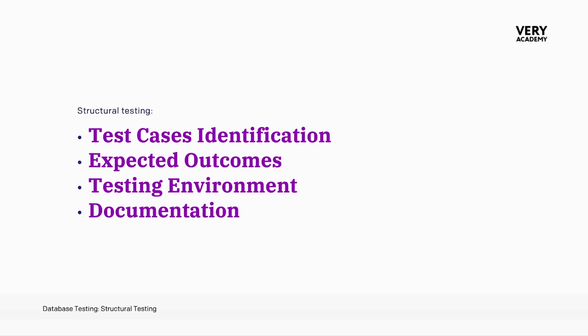Okay, in respects to expected outcomes, of course, we should know what the expected outcome of the test should be before we actually build the test. Otherwise, we're not going to be building the correct test. In this case, it should be fairly straightforward. Each test case should successfully validate the targeted structural element of the database.